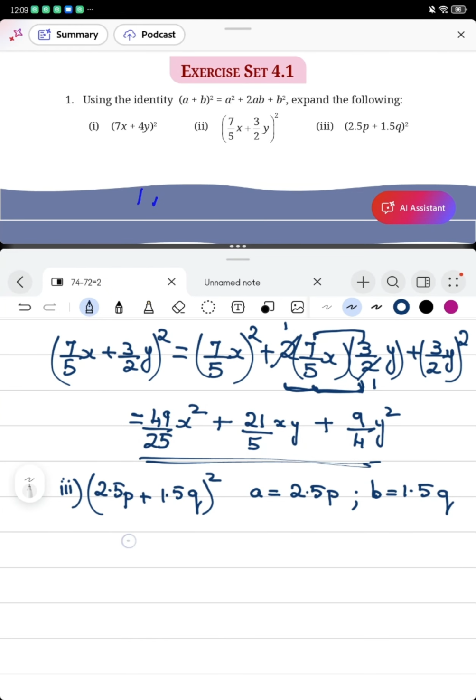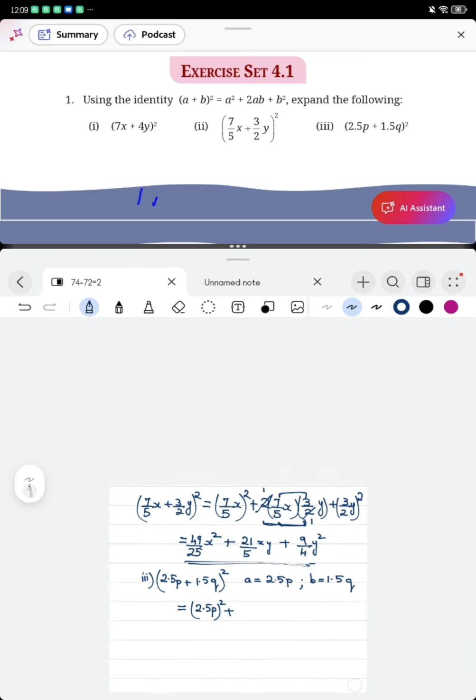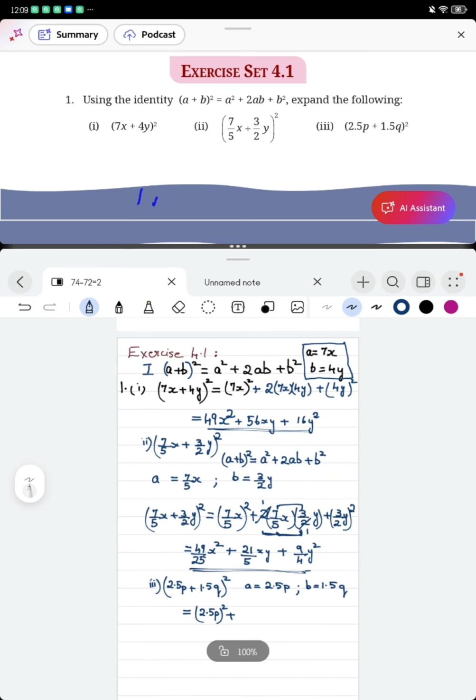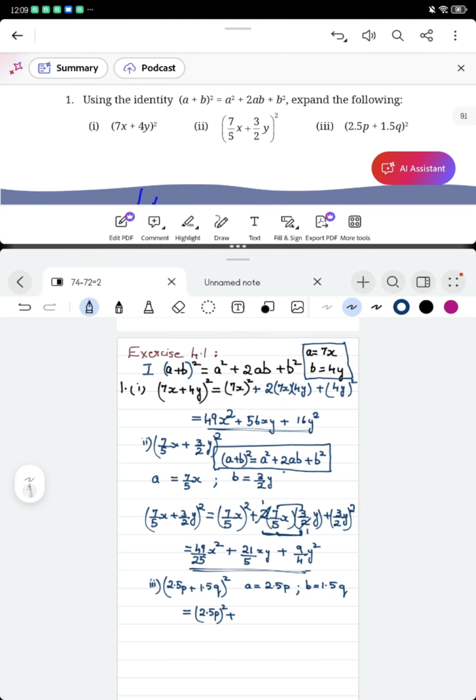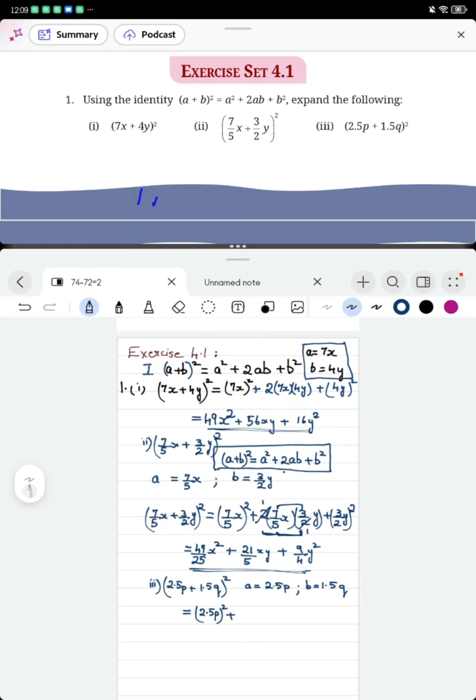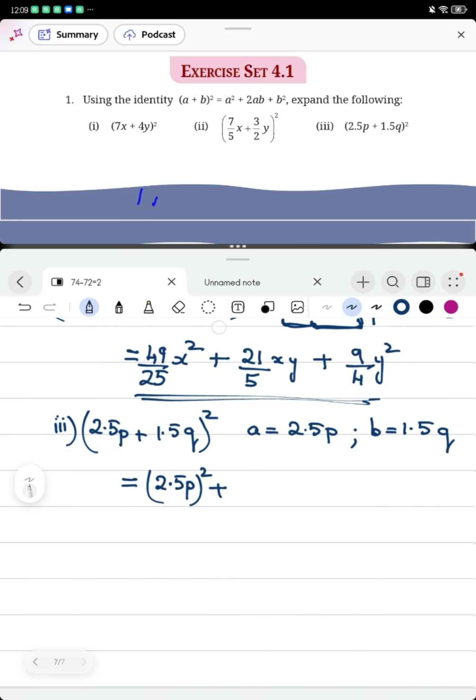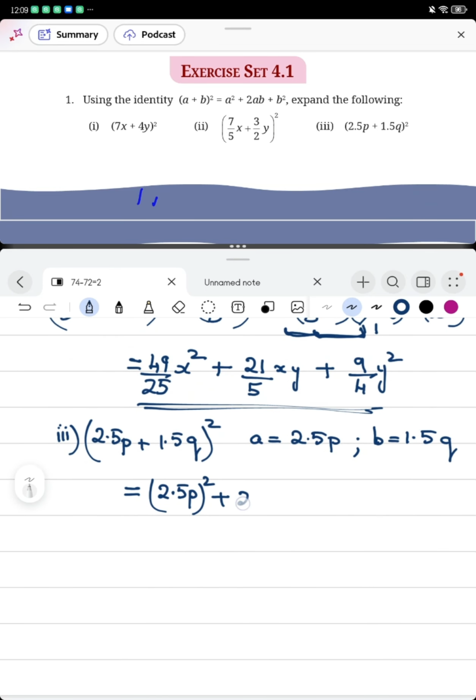All right, so now let's move on expanding this. If you expand this, you get (2.5p) whole square plus, like what are we using? We are using (a plus b) whole square equal to a square plus 2ab plus b squared. This identity is what we are using. It is also given in the question here. So now what are we going to do? A square plus 2ab.